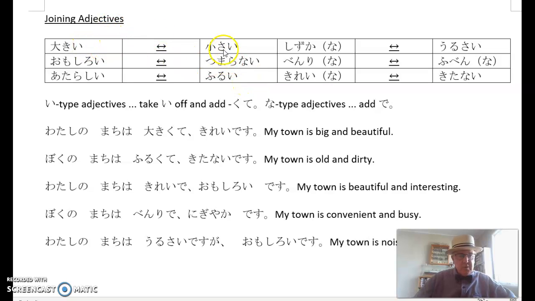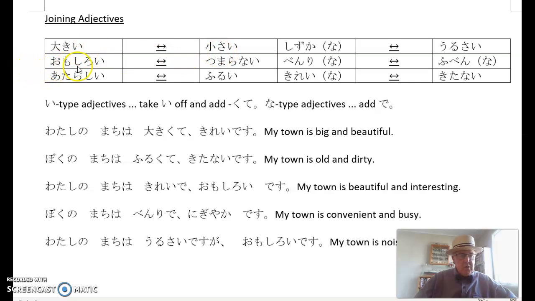So if we're joining these two adjectives together, big and small, we follow a rule here with E-type adjectives. Take the E off and add kute. Then you have the other adjective. So we go 大きくて小さい, big and small.